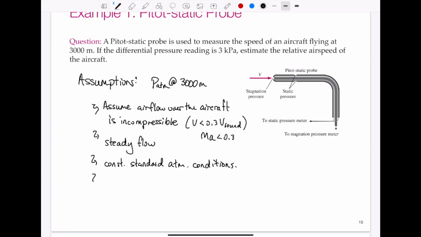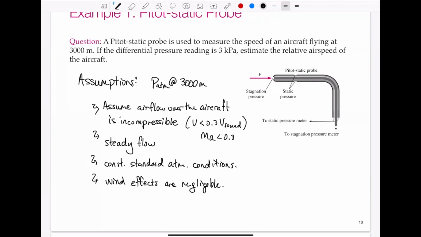And we'll say the effects of wind are negligible. So that should probably cover most of our assumptions. So in order for this analysis to work, we have to assume all these things.